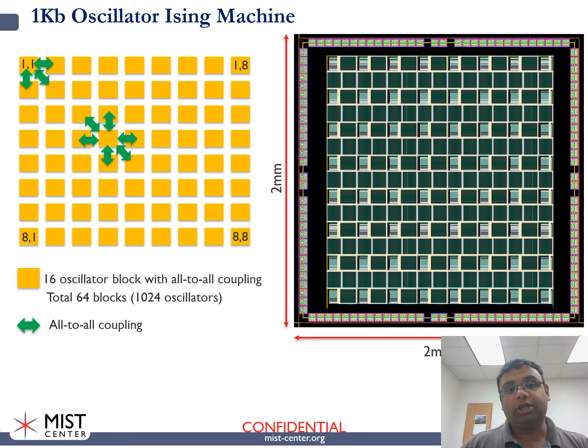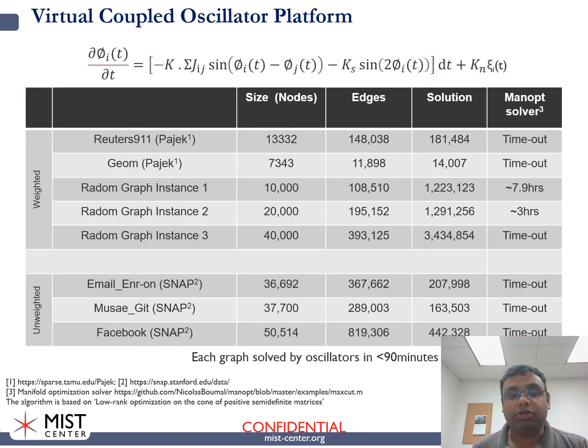Now, of course, while this experiment is going on, since we understand the system dynamics, we can create a virtual emulator that allows us to assess, guide, and support the experimental effort. And so here with this, we've gone to much larger graphs, and we've solved graphs all the way up to 50,000 nodes. For example, the Facebook graph, that is the last one in the column, and you can observe that all of these graphs can be solved by the oscillators in less than 90 minutes each.